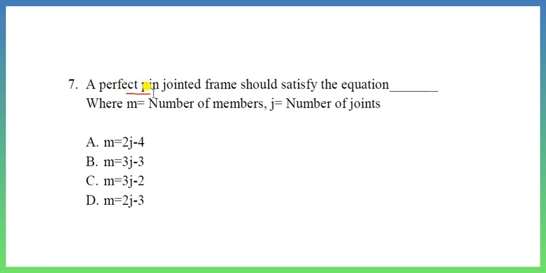So for the perfect pin jointed frame, this equation, that is m is equal to 2j minus 3, will satisfy the equation. Therefore option D is the correct answer.